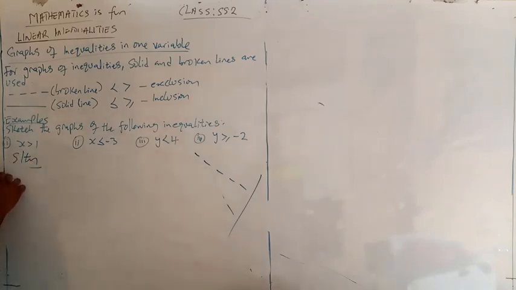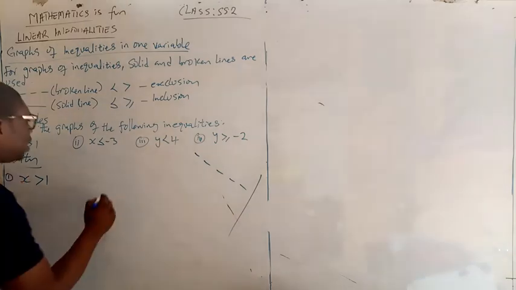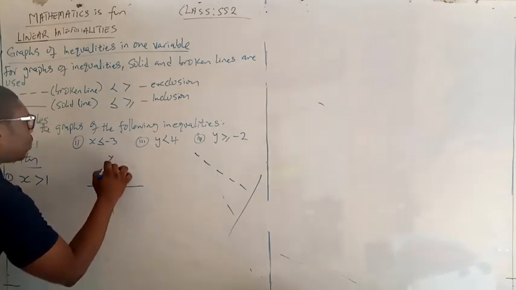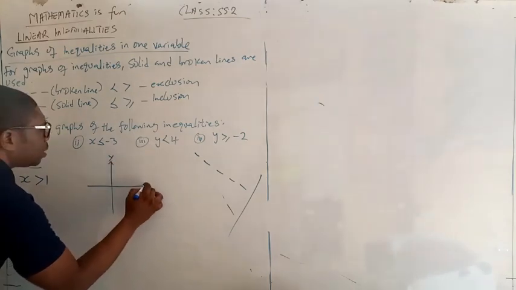x greater than 1. If I'm going to plot this on the Cartesian plane, we have the y and the x axis. This is the y and this is the x.